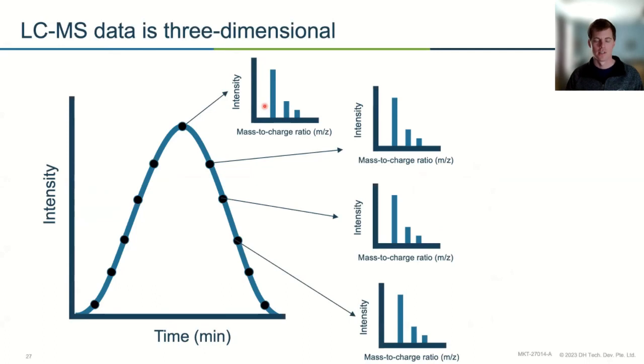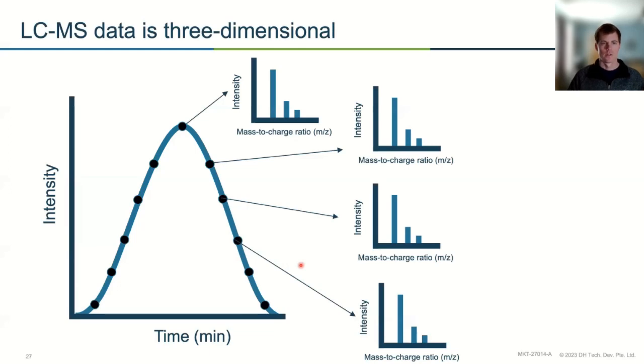There's not just intensity over time, it's also what mass you're looking at and what intensity. That makes mass spec data very complex, and it means your software needs to do a very good job of giving you the results you want, so that you don't have to manually go through each peak in a chromatogram and look at every single mass in there. You need tools and automation to pull out the data you want.